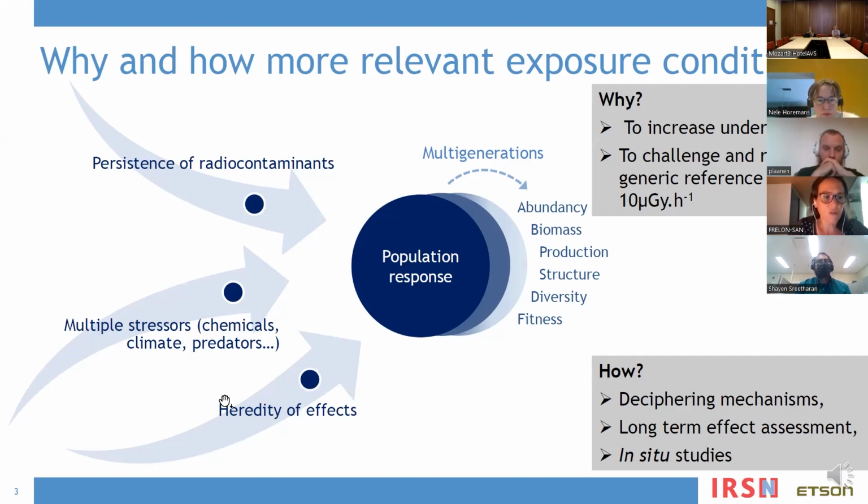All of those reasons can make the response of a population different after multi-generational exposure: differences in abundance, structure, diversity, and fitness. Thus, more relevant exposure conditions require deciphering mechanisms, long-term effect assessment, and in situ studies.